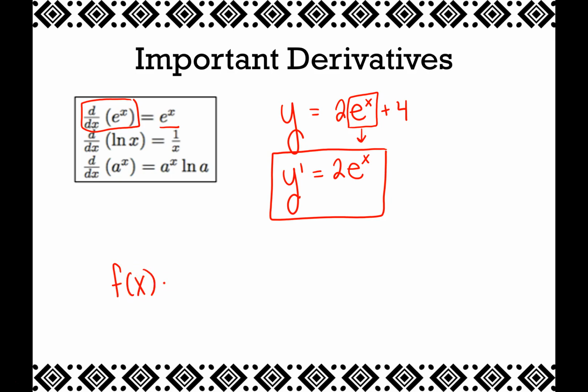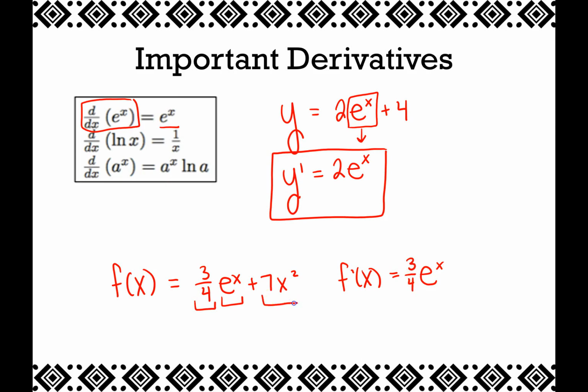Let's try another one. Let's have f of x equal to 3/4 e to the x plus 7x squared. Well, this is going to be f prime of x equals, well, the derivative of e to the x is just e to the x, and then don't forget to multiply it by that constant out in front. Constant multiple rule.